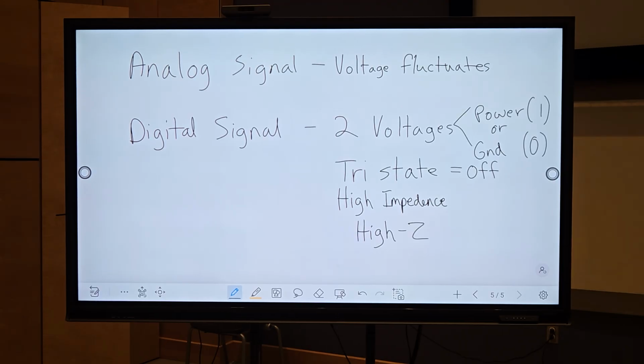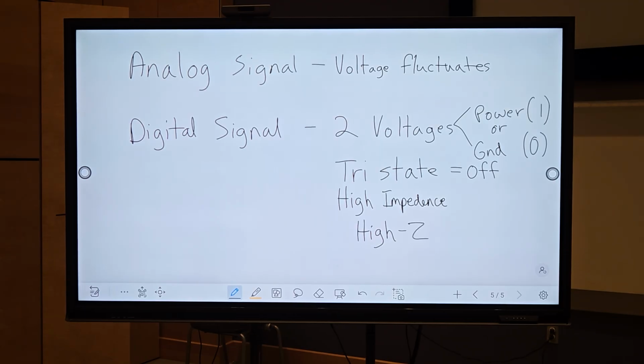More examples? I'm sorry? No, digital signals are direct current. Yes, it'll fluctuate. It'll go from the direct current positive or direct current ground, but there's very little time in between.